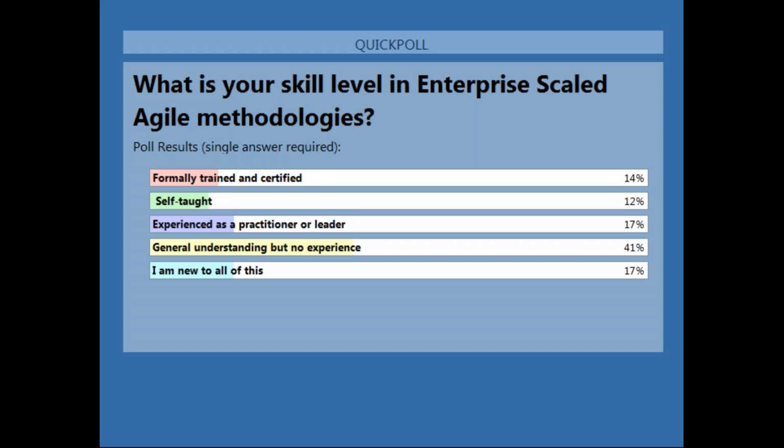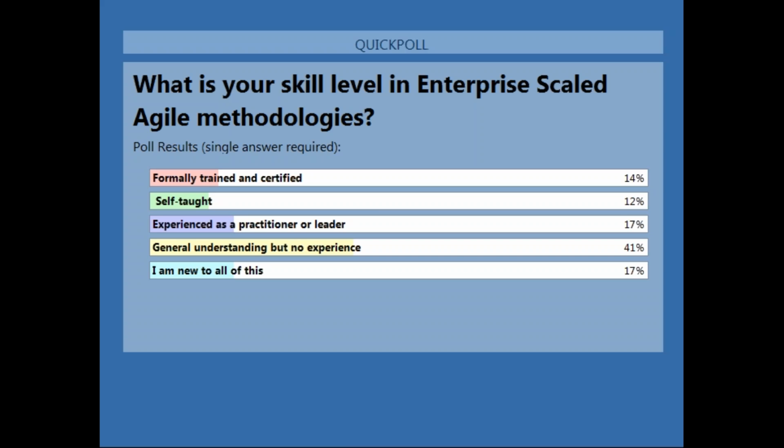So general understanding but no experience came in at 41%. I'm new to all this was at 17%. And experienced as a practitioner or a leader was also 17%. Formally trained and certified and self-taught came in at 14 and 12%, respectively.